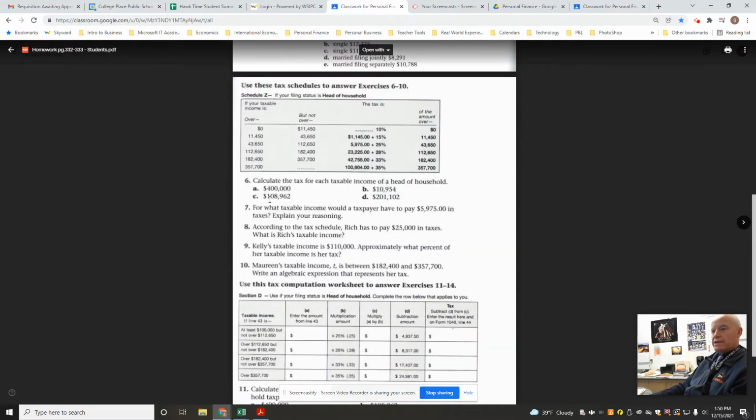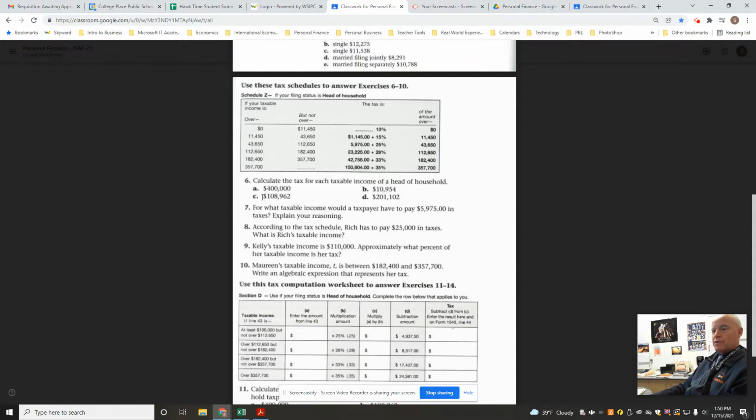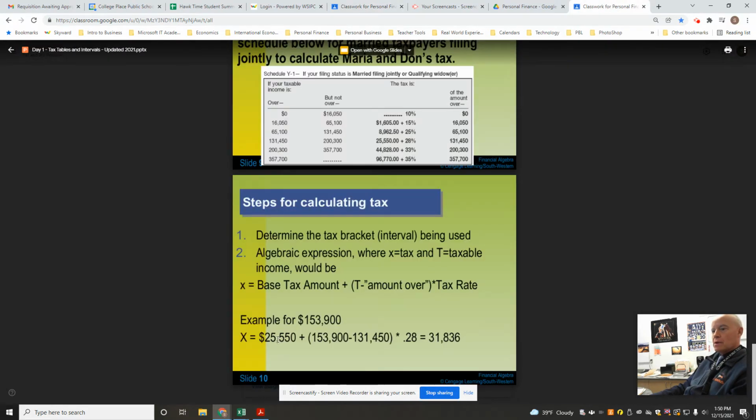So my taxable amount is 400,000. What interval am I in? I'm in the last interval, where 357,700 is the largest amount that is less than or equal to 400,000. Start with my base tax amount. X equals base tax amount plus (T minus amount over) times tax rate.